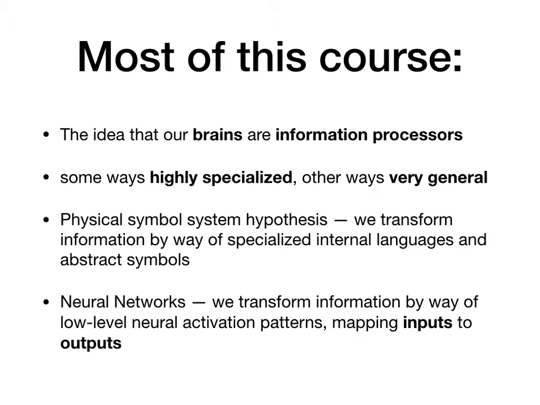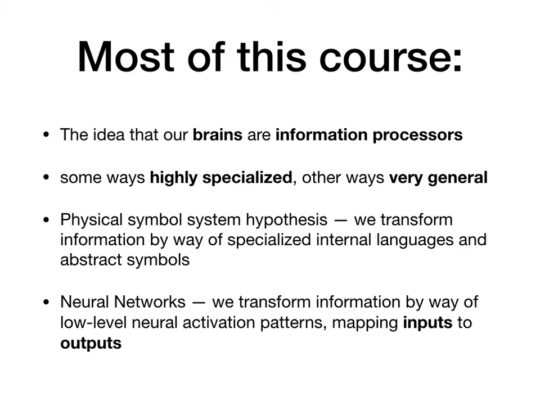And like we just said, there's two different ways that we've already talked about. The physical symbol system is the idea that we can transform information using internal languages and abstract symbols. And then the other option is the neural networks approach that we've talked about, where we're saying, hey, low-level neural activation patterns are what we can really build the rest of the mind out of and map our inputs to outputs, move information around in this very low-level pipeline sort of way.